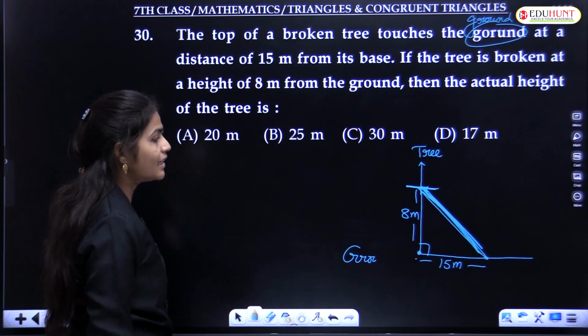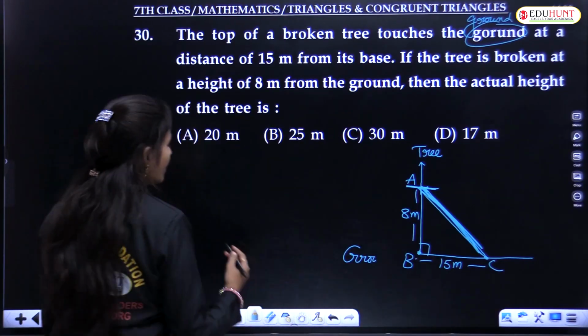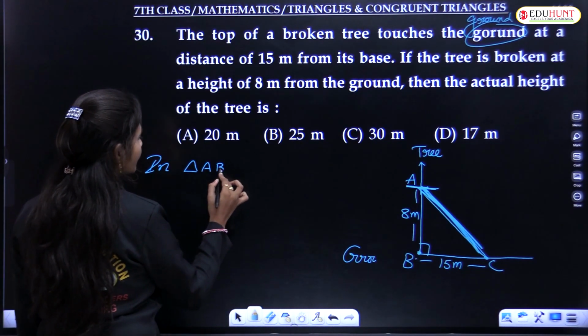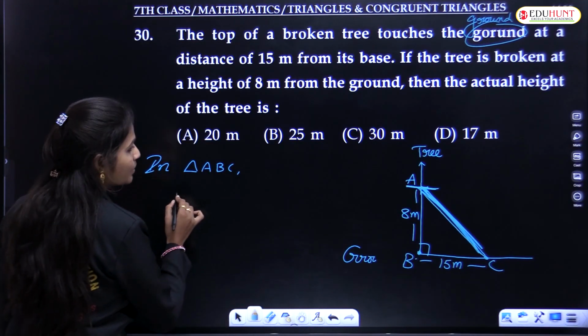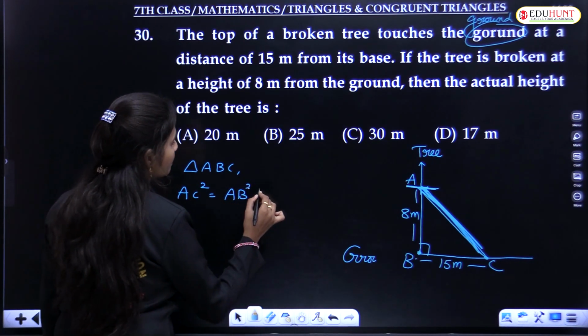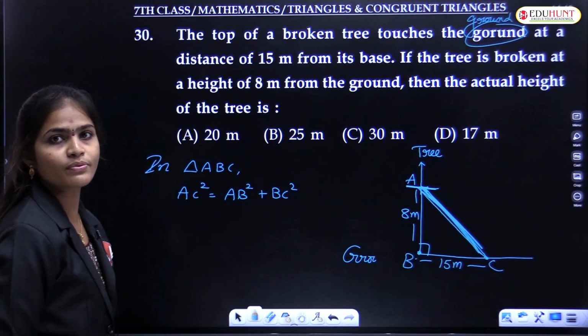Okay, so in this right angle triangle, let it be A, B, C. In triangle ABC, we know the Pythagoras theorem, no? So what is the Pythagoras theorem here? AC square is equal to AB square plus BC square. Hypotenuse square is equal to the sum of the squares of its sides.